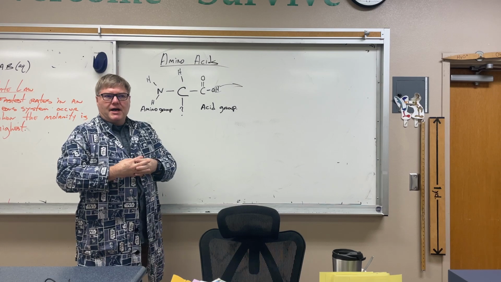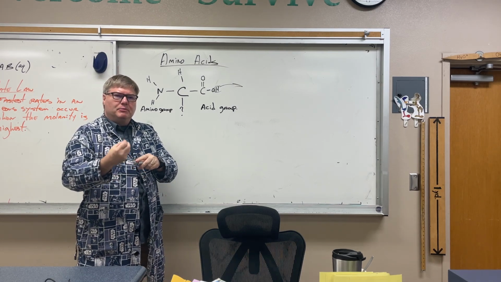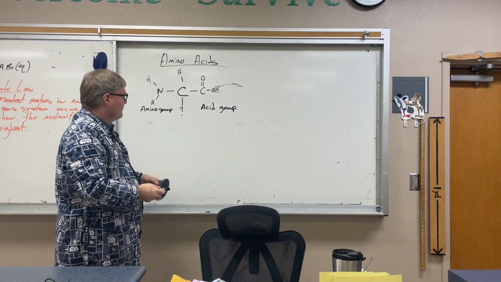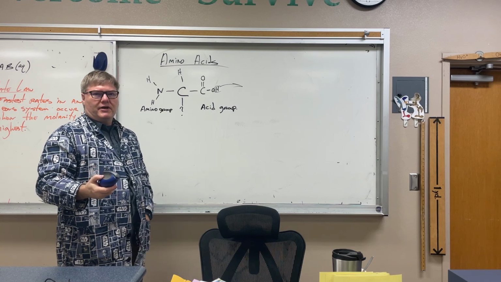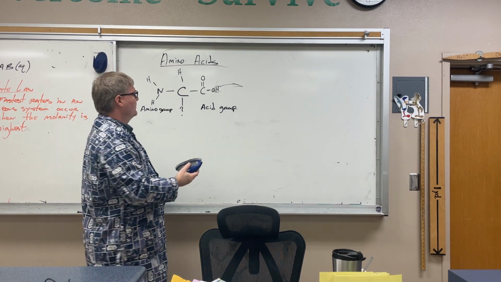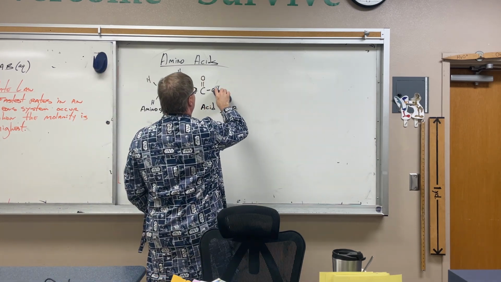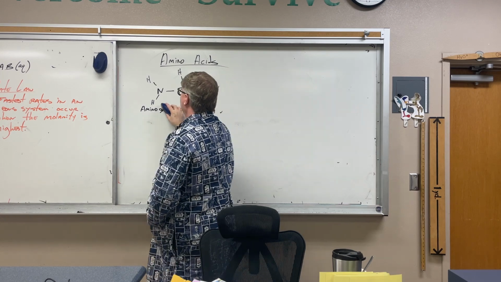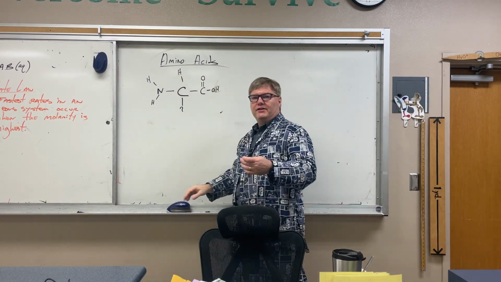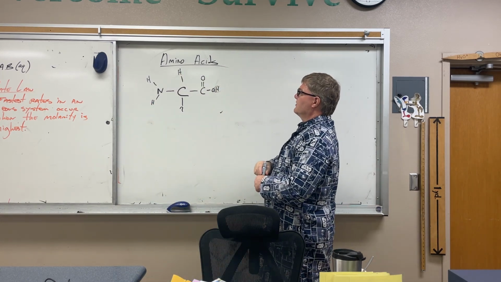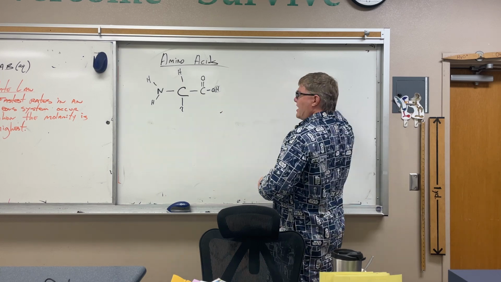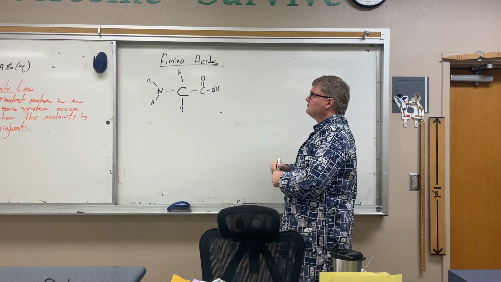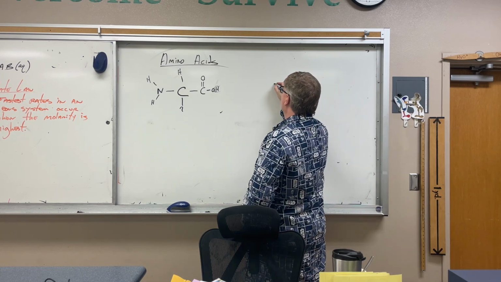Okay, so how are amino acids polymerized? All right, a polymer of amino acids is known as a protein. So let me show you how these are hooked up. Just like in the glucose molecule, we're going to go sideways, not vertical. I'm going to draw another amino acid here.